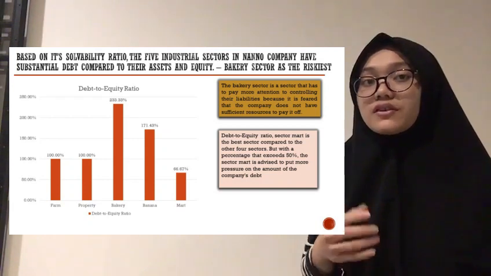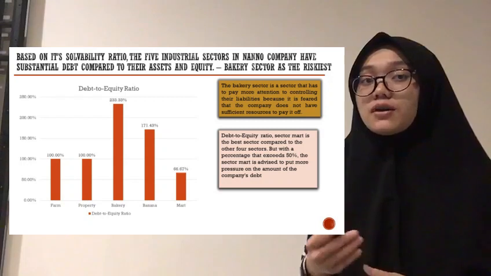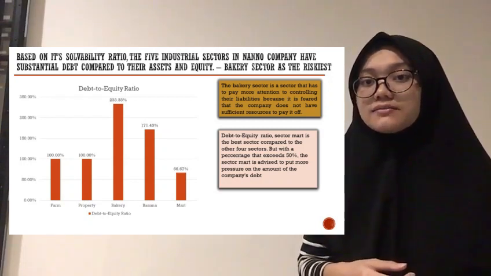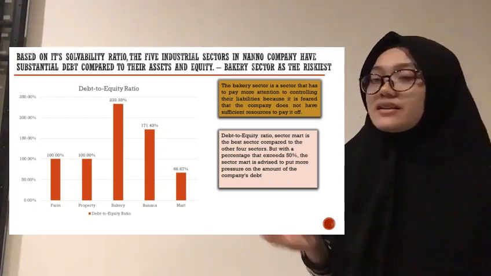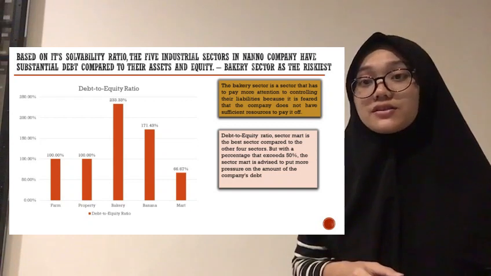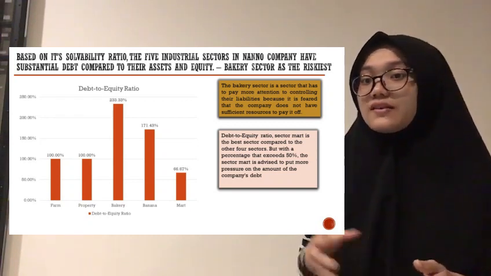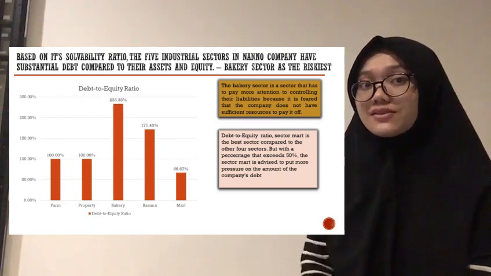So the mart sector should put more pressure on the amount of the total liabilities. And we can see that the bakery sector is the most difficult sector to control the debt to equity ratio, as seen from the largest percentage among the other four sectors.